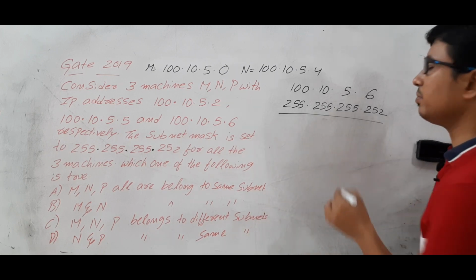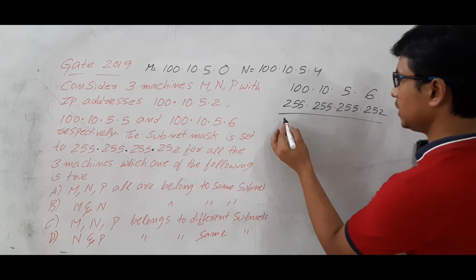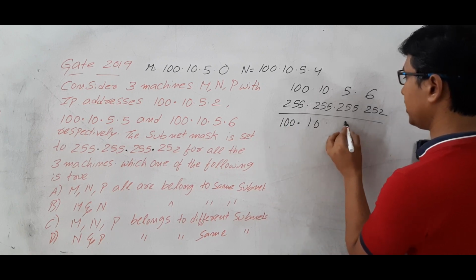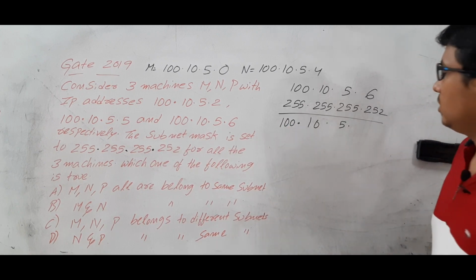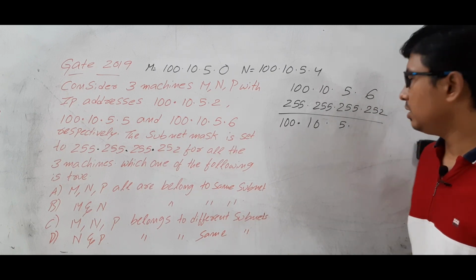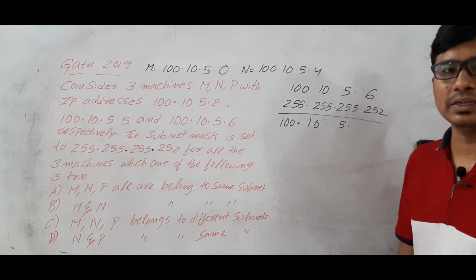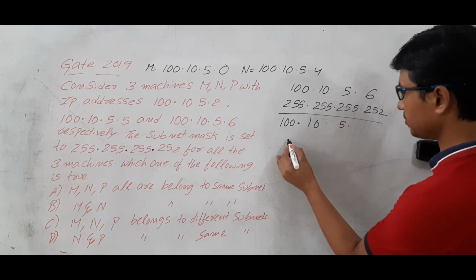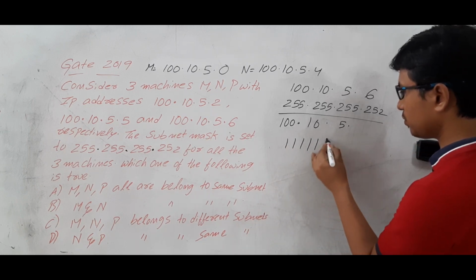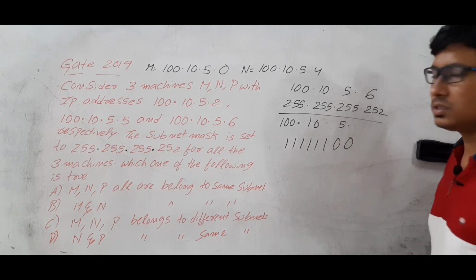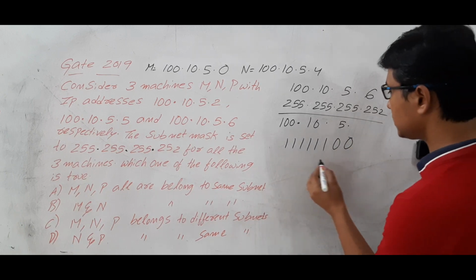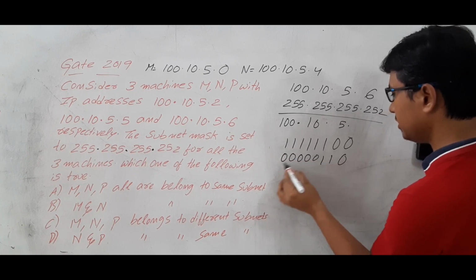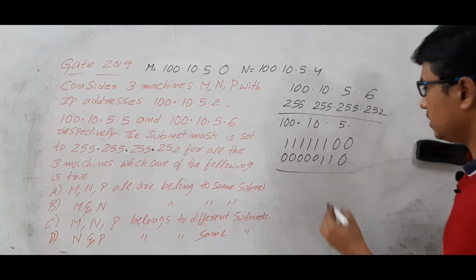Now if you perform the bitwise AND, you will get 100.10.5 and then we have to perform the bitwise AND with 252 and 6. So what I have to do? First I need to convert them into binary numbers. 6 ones and double 0 is 252. And 6 is this one. If you want to verify, you can verify it also.